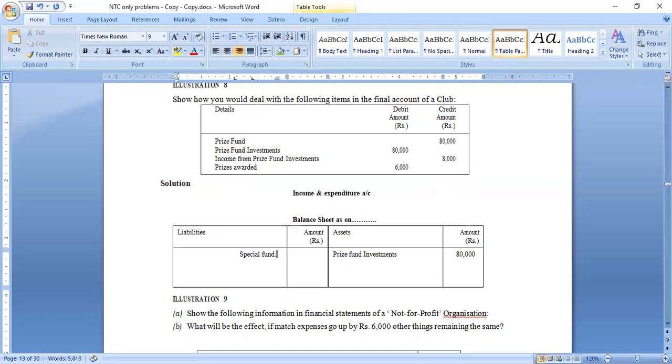This special fund, we have to mention on the liabilities side. Prize fund amounts 80,000. And out of this 80,000, we have to add income.